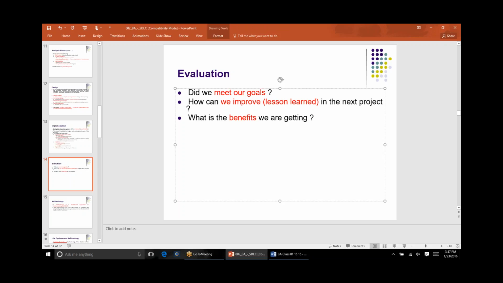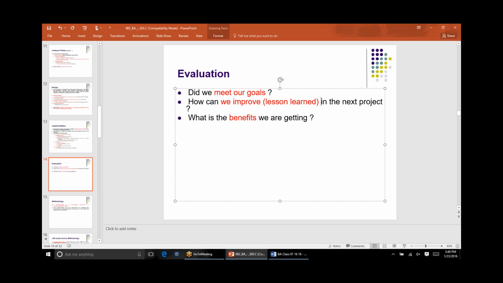Remember, development evolution is a constant process, a continuous process, a daily process. It does not stop. It never stops.